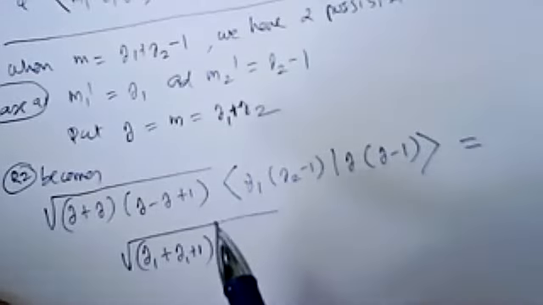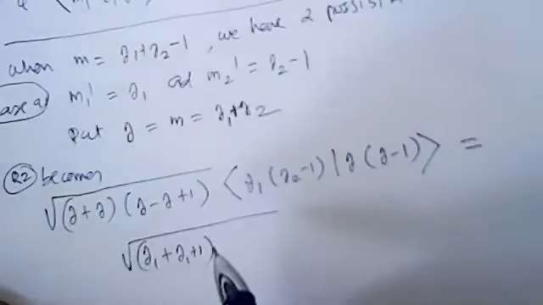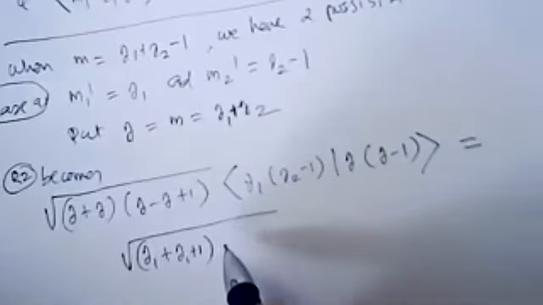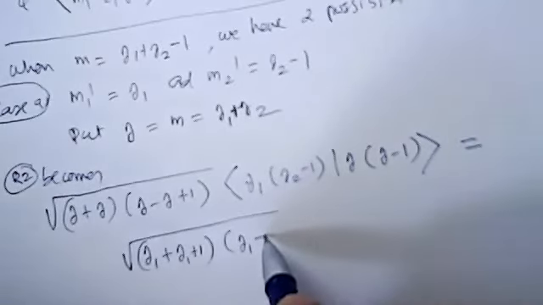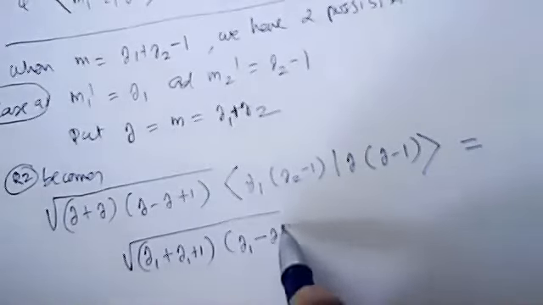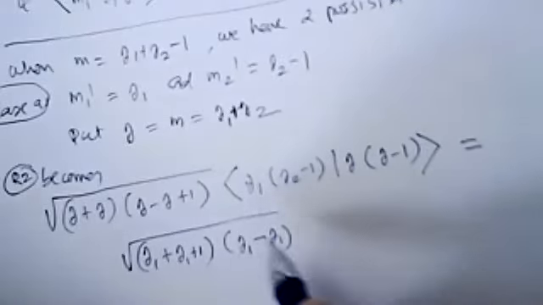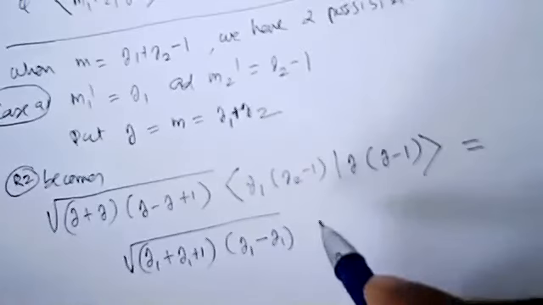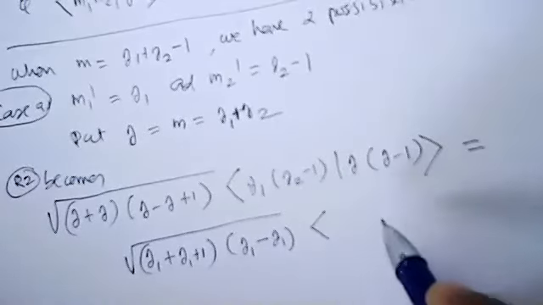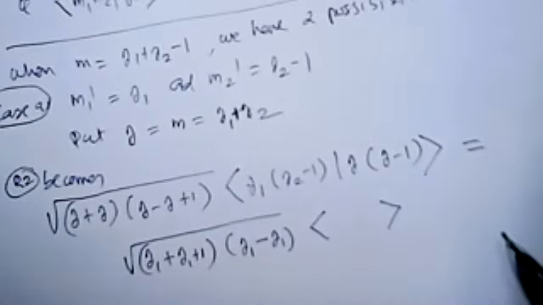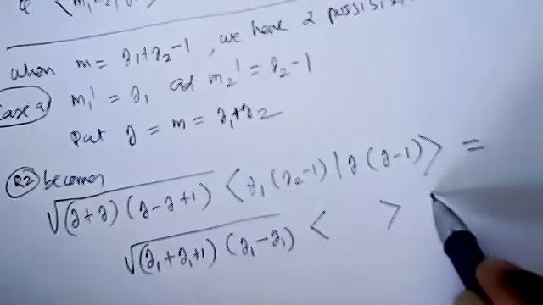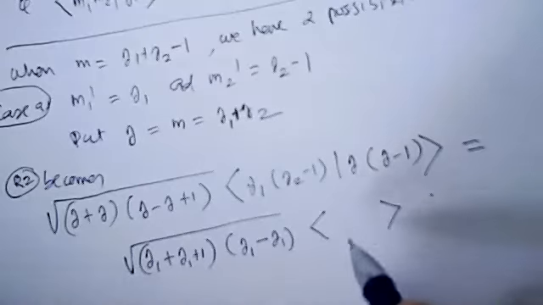Then j1 minus m1 dash. m1 dash is j1. So what happens? This becomes 0. Okay. This term becomes 0. So let that scalar product remains there. Then because this is 0, I am not writing this one.